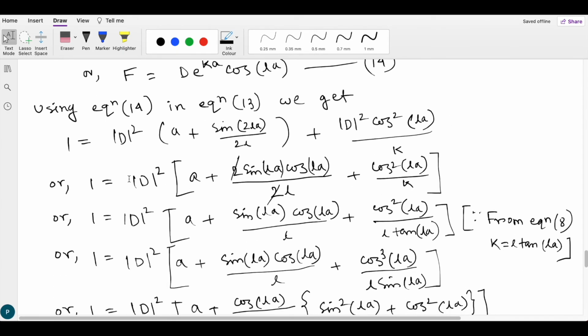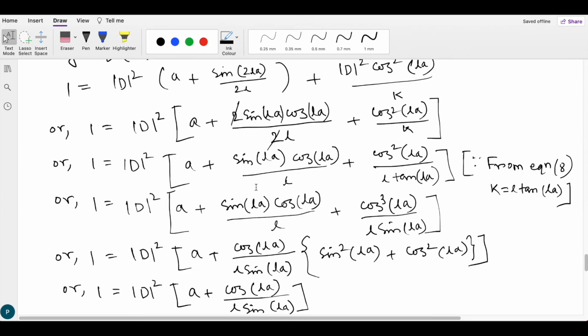Now we take d square as common, and inside the bracket we write a plus, instead of sin 2la, 2 sin la cos la, and then cos square la by k. We know that k equals l tan la from equation 8.